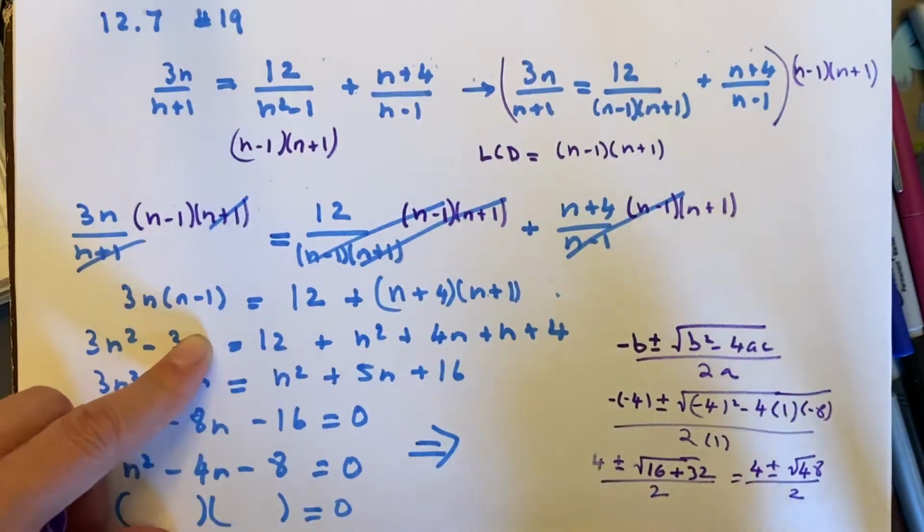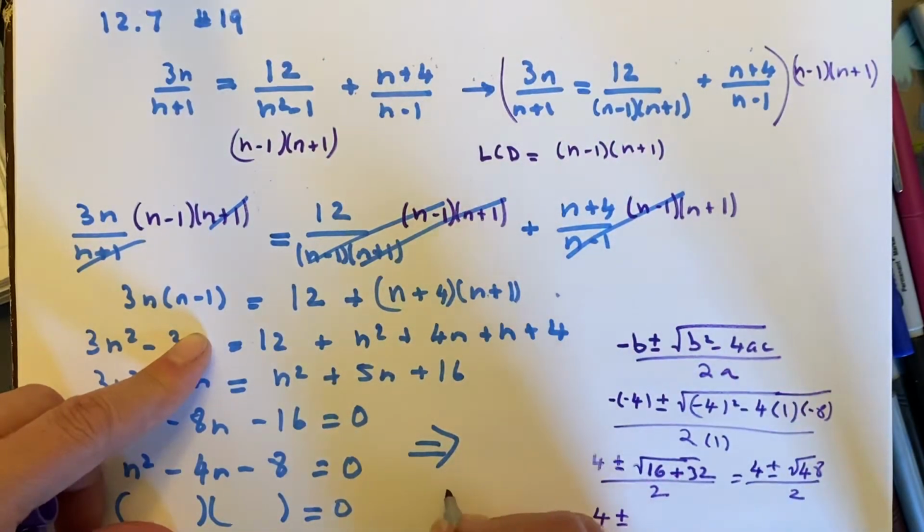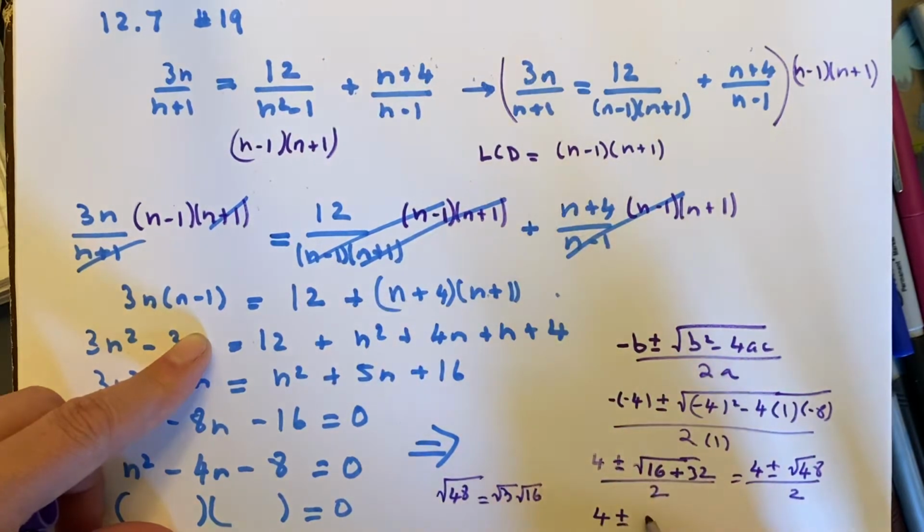The square root of 48 becomes 4 plus or minus... 48 is 3 times 16, if you remember, right? So this is square root of 3 times square root of 16. So it's going to become 4 square root of 3, right? Square root of 16 is 4, and I just keep the square root of 3, all over 2. 4 can be divided by 2.